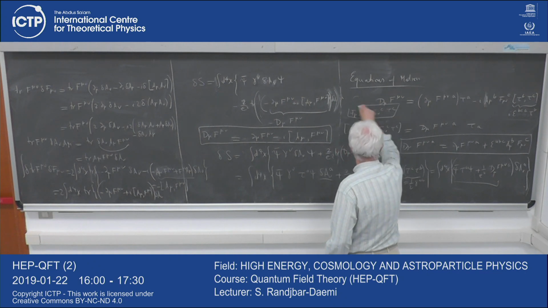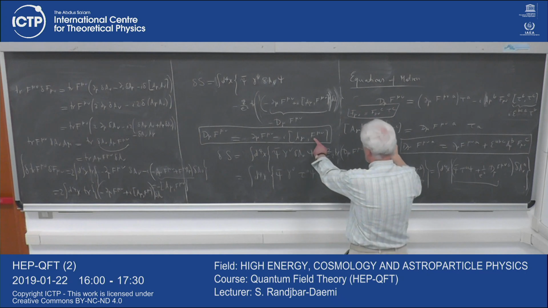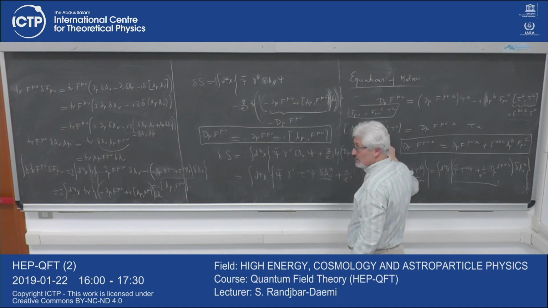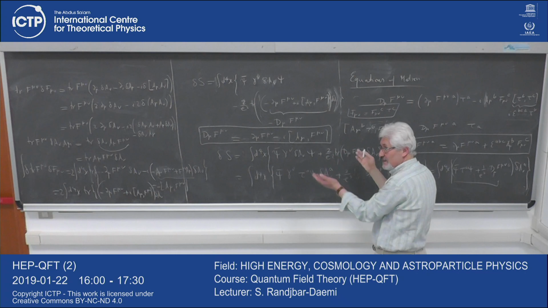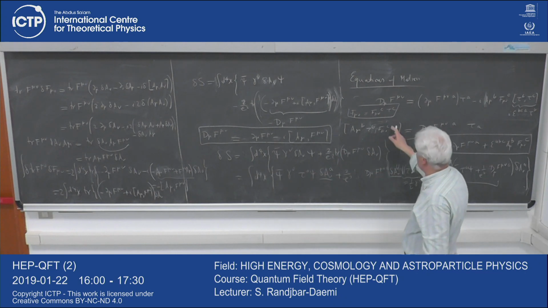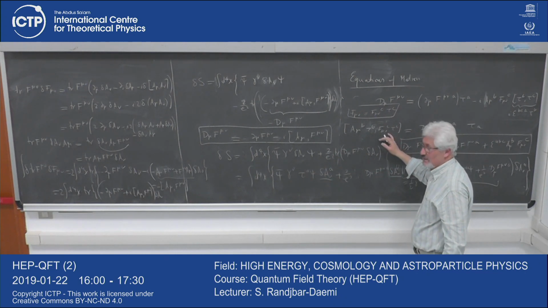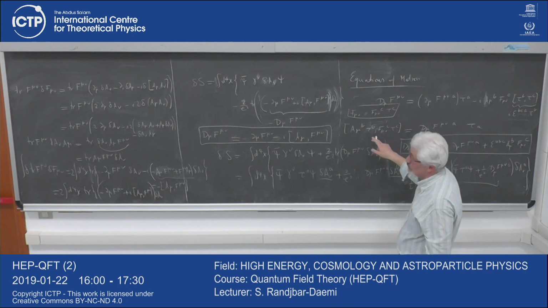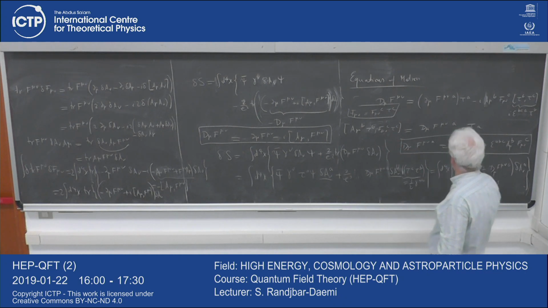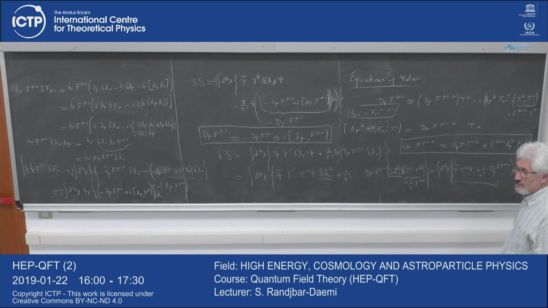I see. That's what I'm doing. Just substitute this and that. You don't need to expand this F again in terms of A. That you don't need. It's a 2 by 2 matrix, and you can write it like this. And we know what this is because we already worked it out. Okay. But the problem is in the last term we have only a b, we have different indices.